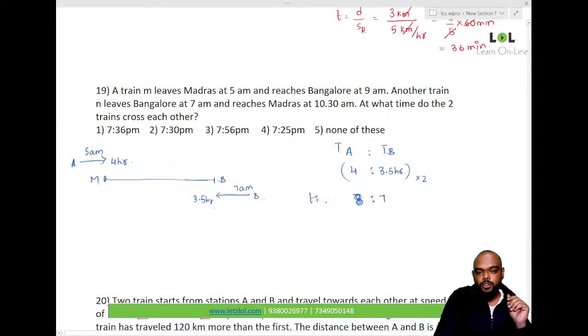This is the time ratio. Then what will be the speed ratio? 7 is to 8. Let us consider the speeds as 7 km per hour and 8 km per hour. Can anybody tell me the distance now?